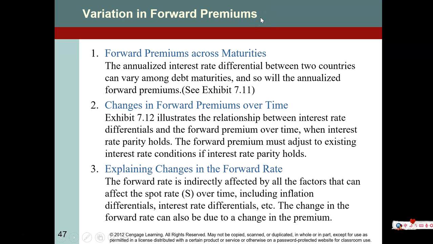Variation in forward premiums. Forward premiums across maturities. The annualized interest rate differential between two countries can vary among debt maturities, and so will the annualized forward premiums. P, the forward premium, is defined as F minus S divided by S, but it's also related to the interest rate differential.